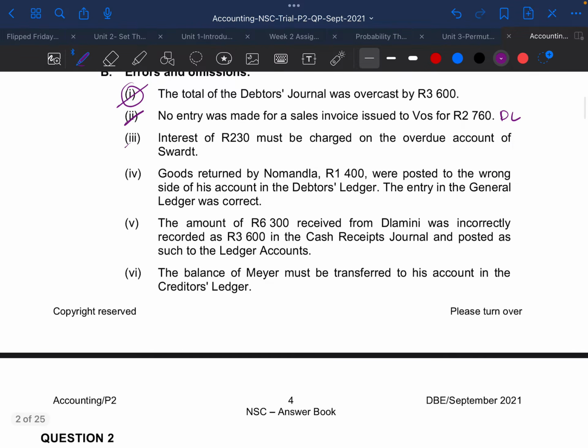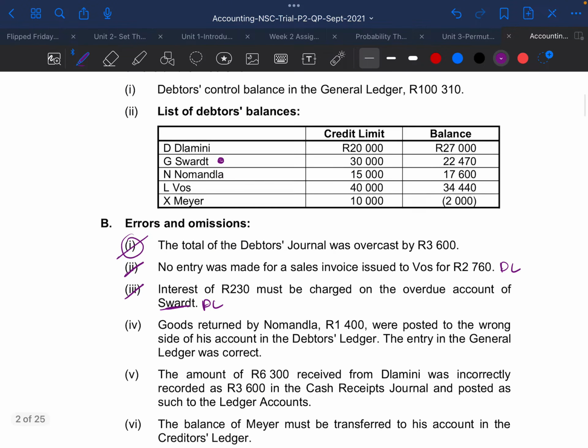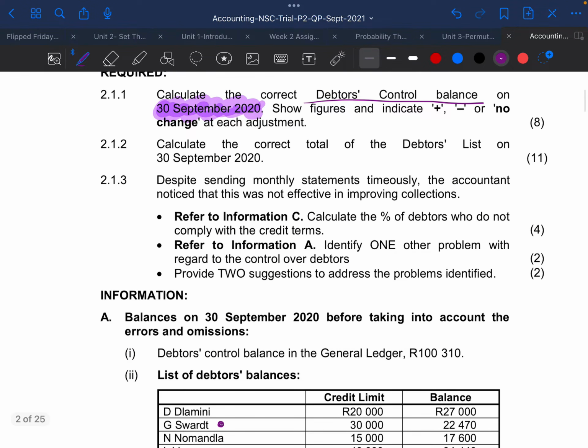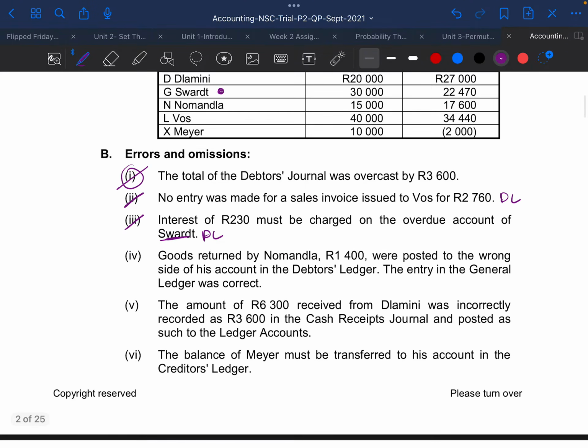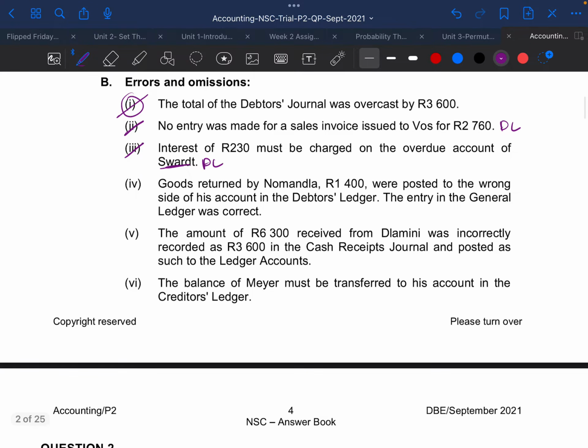That's the third one we've done, but this is also gonna affect our debtors list, if we're gonna have any adjustments, because the second question here says calculate the correct total of the debtors list on 30 September 2020. So for now, let's just ignore that question, because we will come to it in some time.